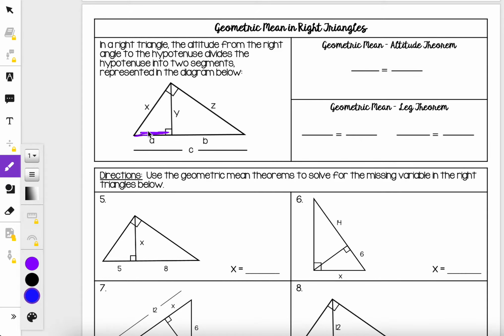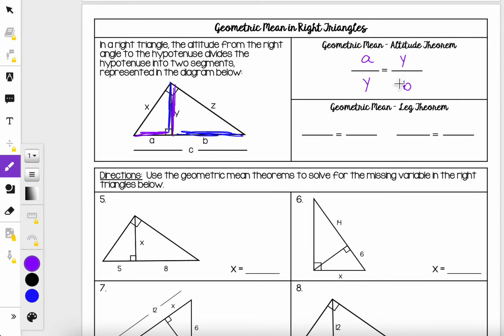So the relationship between my small leg to my long leg is going to be proportional to, if I'm looking at the larger triangle inside, my small leg over my long leg. So I'm just setting up a proportion here. If I set that up, my proportion is going to be A over Y, which equals Y over B.